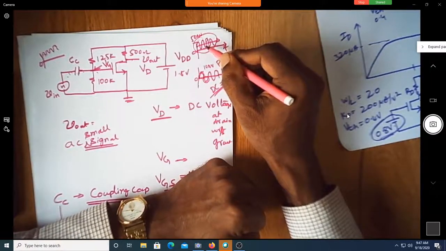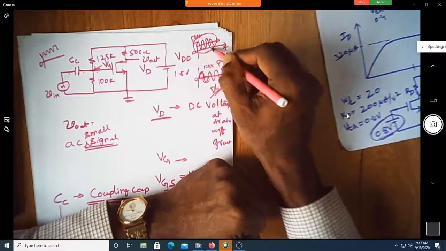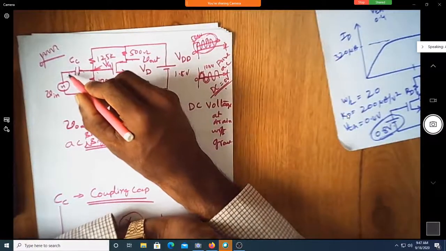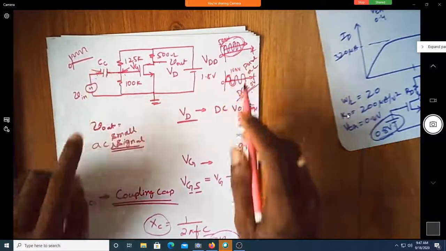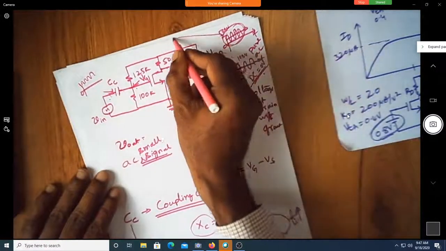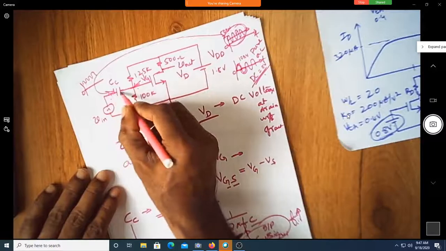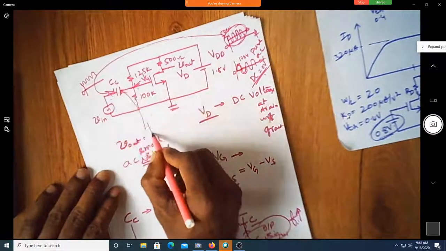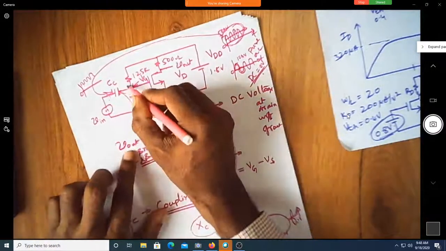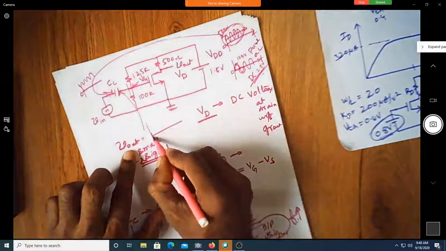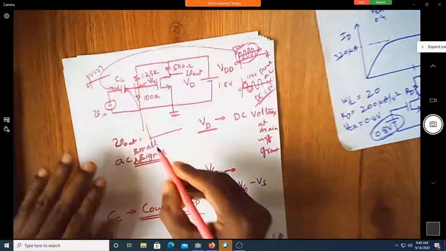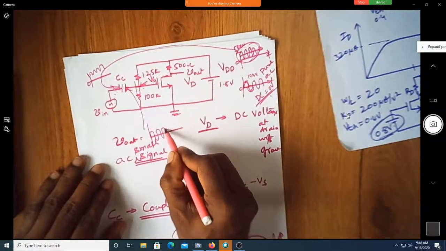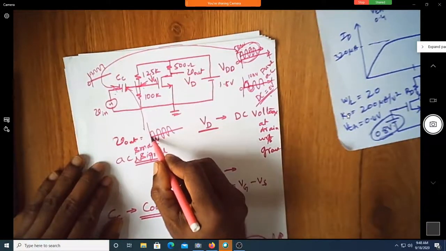If you apply such a signal at this side, suppose this is the signal applied at the input, and you put only that capacitor, you will get a pure AC signal at the output. You can see it is blocking the DC.